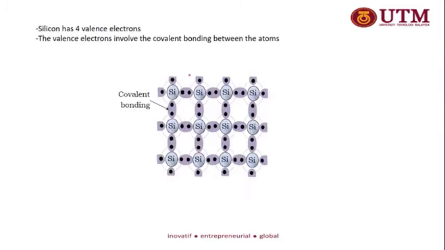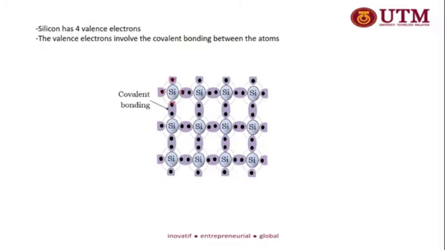In the previous slide, I showed an individual atomic structure. But in actual material, there are many atoms inside the material. The arrangement of the silicon atoms is shown in this figure. We have many silicon atoms, and this figure only shows the valence electrons. If you see here, silicon has 4 valence electrons, 1, 2, 3, 4.